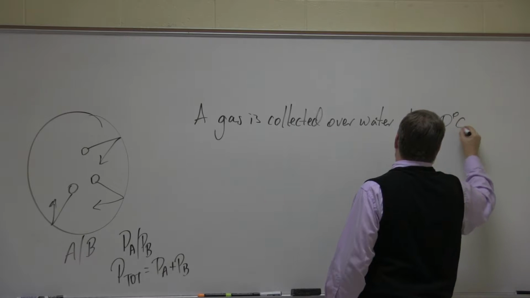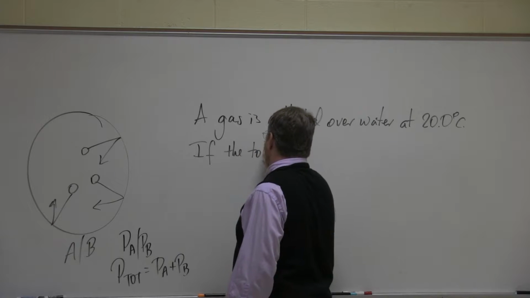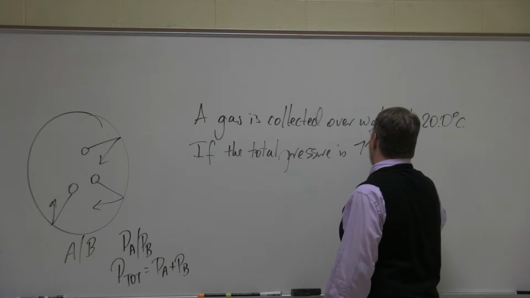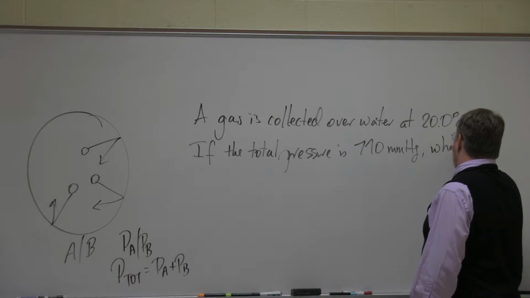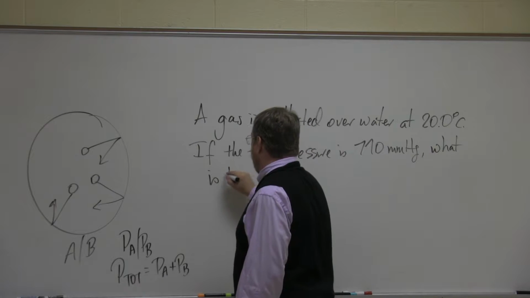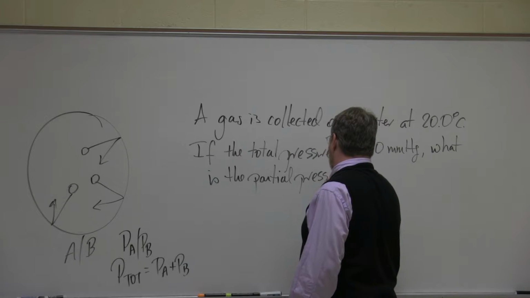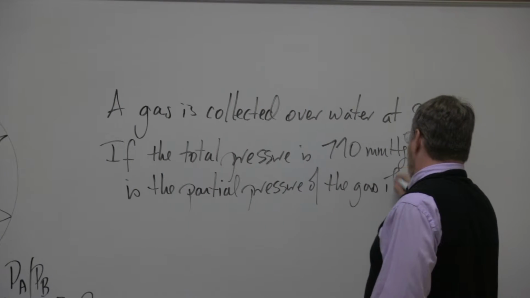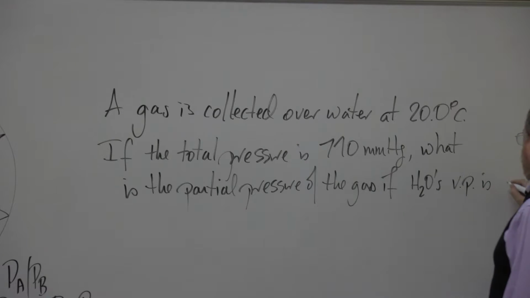At 20 degrees Celsius, if the total pressure is 770 millimeters of mercury, what is the partial pressure of the gas if water's vapor pressure is 17.5 millimeters of mercury?